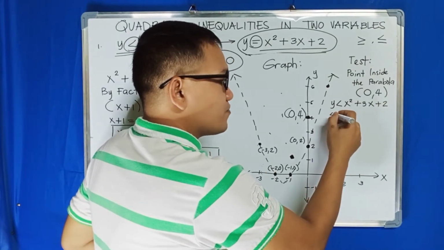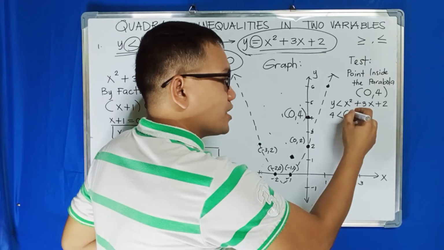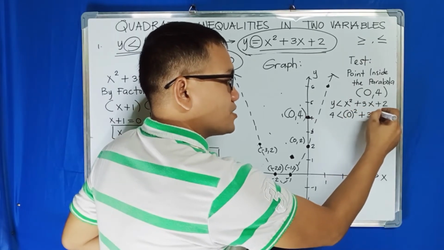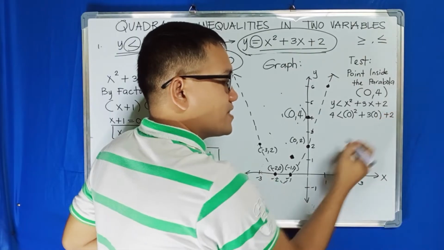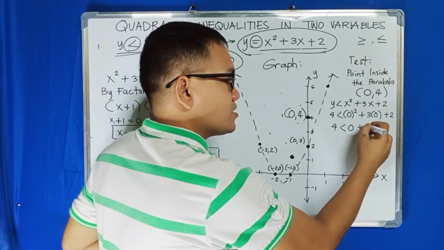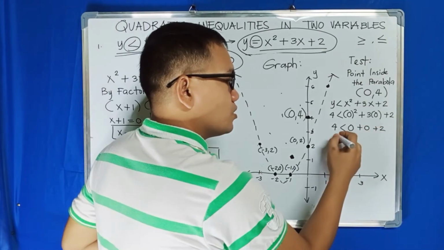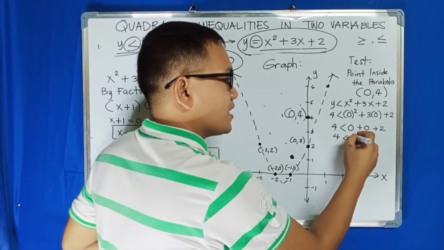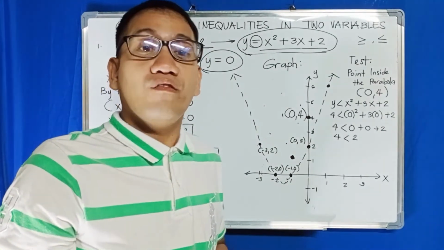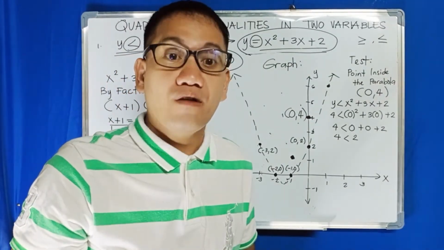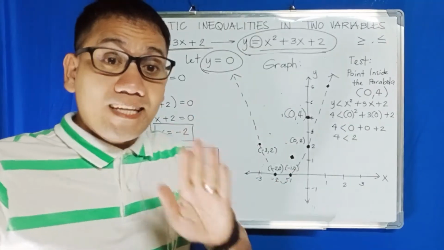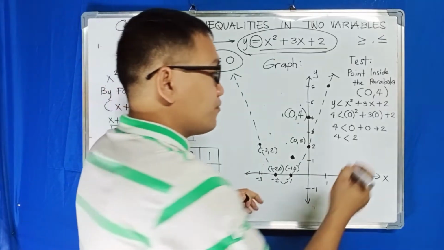So our y is 4 and our x is 0. Then simplify. 4 is less than 0 plus 0 plus 2. 4 is less than 2. Is 4 less than 2? Of course, the statement is considered to be false because 4 is greater than 2. So we will label this as false.